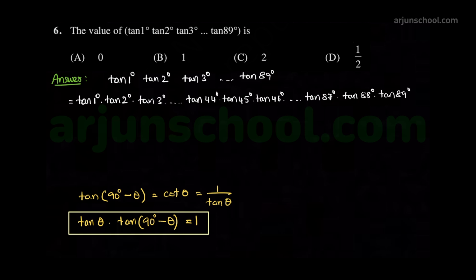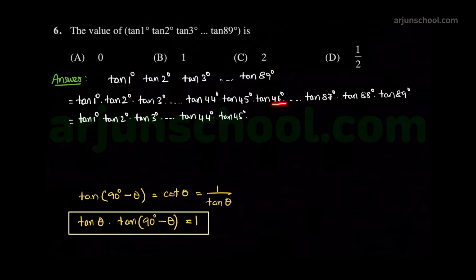From tan 1 degree to tan 89 degrees, where the angle increments by 1 degree for each successive term, which is equal to tan 1 degree into tan 2 degrees into tan 3 degrees into and so on tan 44 degrees into tan 45 degrees into.